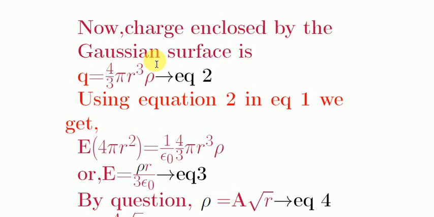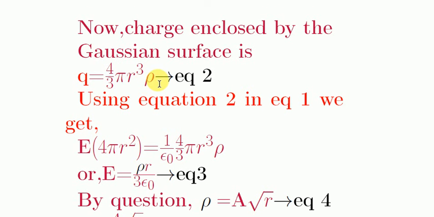So 4 by 3 pi r cube is the volume of the portion of the solid sphere which is enclosed by the Gaussian surface.